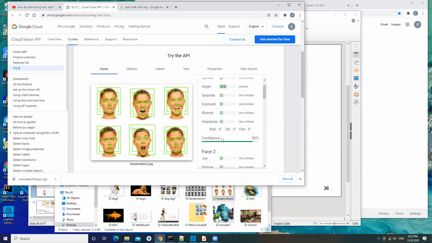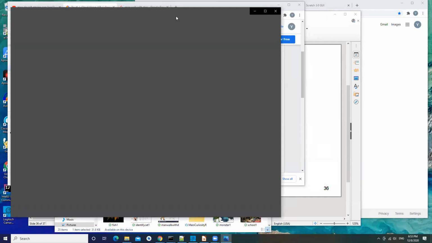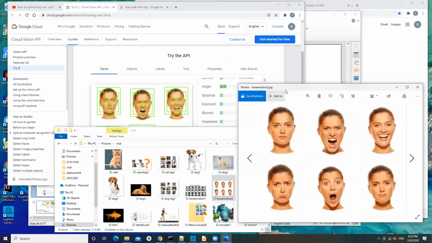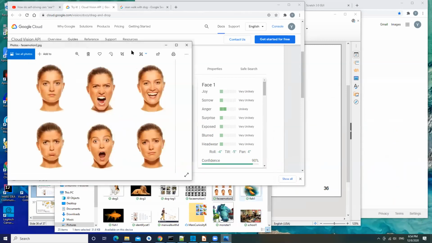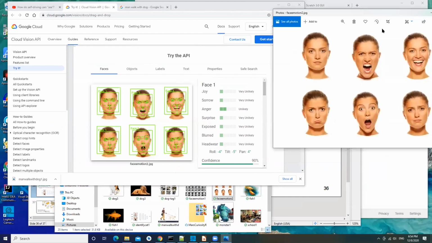So for the first one, they said it's confidence. Maybe I should show you the pictures side by side so you can compare them. You can see the first picture, they said it's really confident, right?